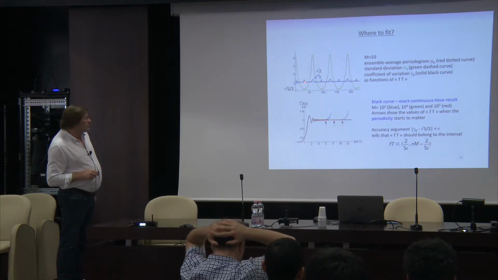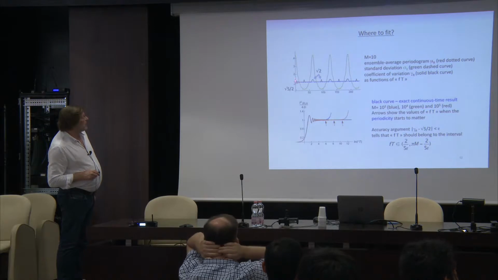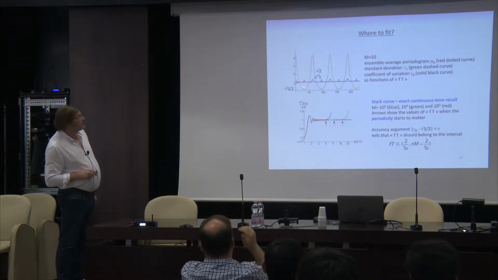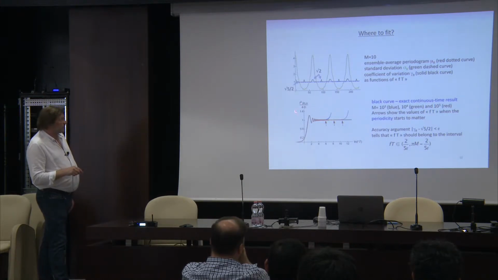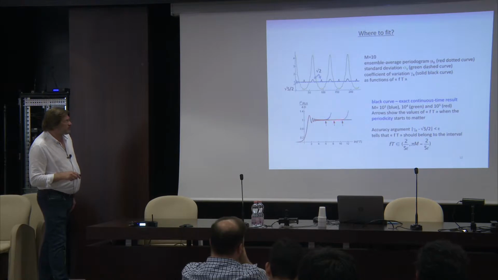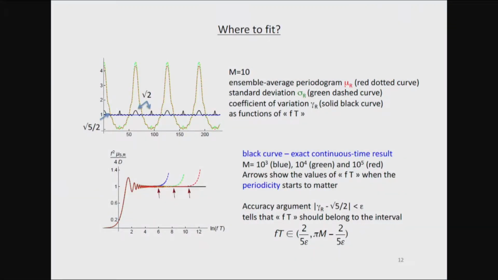Which means that we should fit somewhere here between this epsilon which we defined and half a period here. Now you see the same on the level of the first moment. Here the black line is the exact expression, and here is what we get from taking the number of points 10 to the power 3, which is blue, and green, it is 10 to the power 4, and 10 to the power 5 is red.